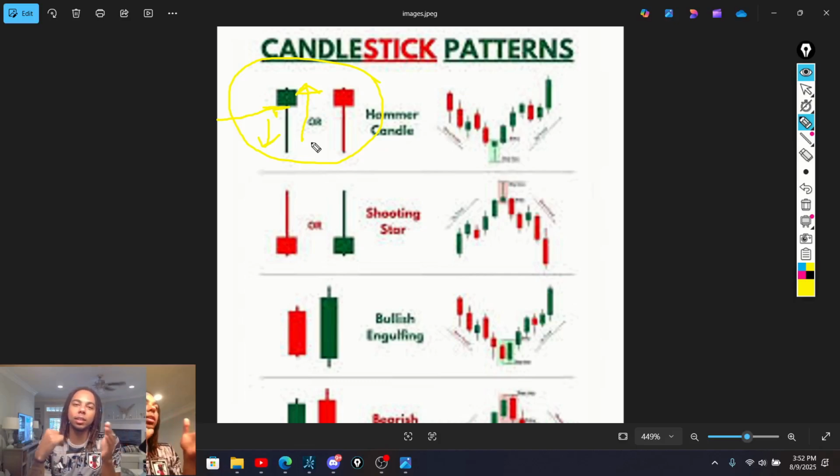That tells me that it went down first, but then it was met by buyers and they pushed it all the way back up and got it above where it started. It also shows positive, strong momentum. Positive would be bullish, negative would be bearish, right? So it just shows you solid momentum in a clear direction.